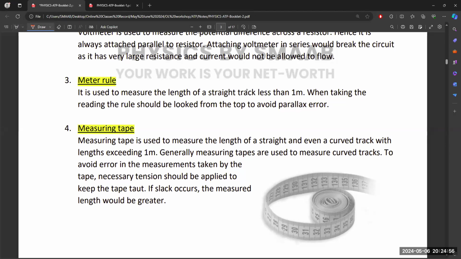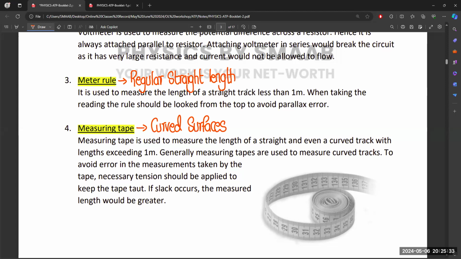So we use meter rule for regular or linear objects. And if we want to record the length of curved surfaces, then we have to use this measuring tape.